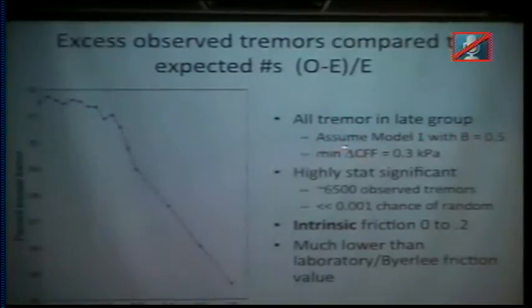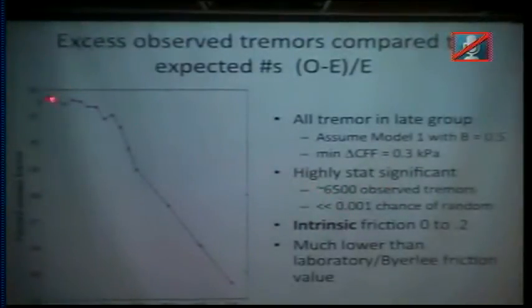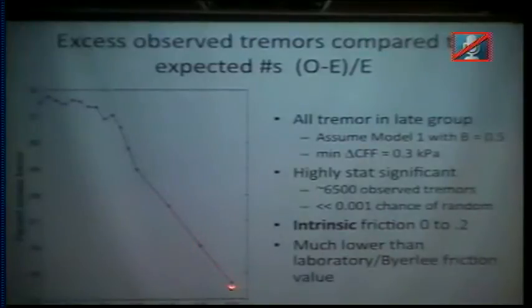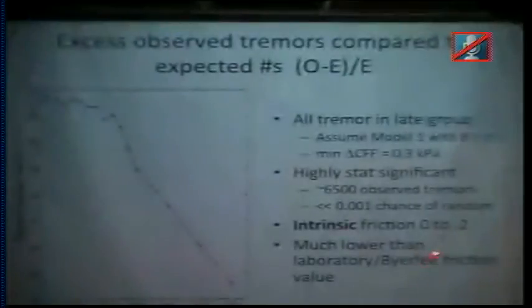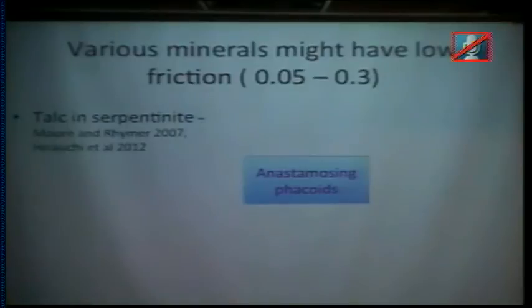So now I've assumed model 1, I've assumed a Skempton, I've also assumed a minimum stress change for this, and I've got 6,000 observed tremors, and I've got the percentage of excess tremor, more observed than expected, dropping off strongly as I increase the friction coefficient, which is another piece of evidence that the friction coefficient is well under 0.2 and probably around 0.1, between 0 and 0.1. And these values are much lower than laboratory values, as I said before.